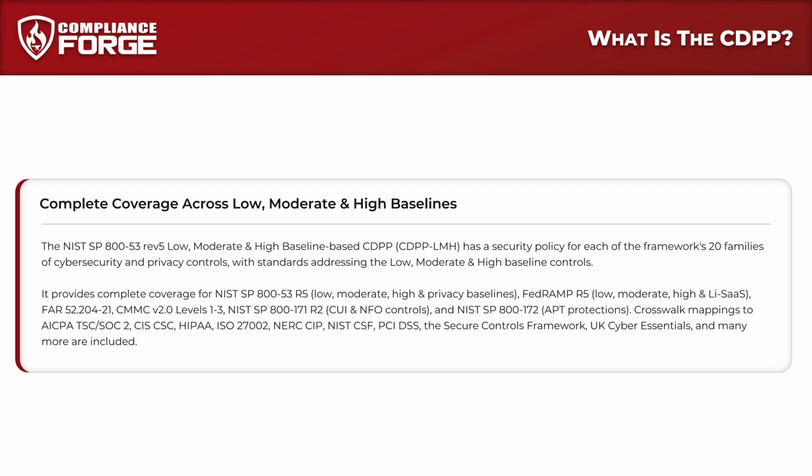Crosswalk mappings are also included to many additional leading frameworks, including SOC 2, CIS Critical Security Controls, HIPAA, ISO 27002, NERC CIP, NIST CSF, PCI DSS, the Secure Controls Framework, also known as the SCF, and UK Cyber Essentials.